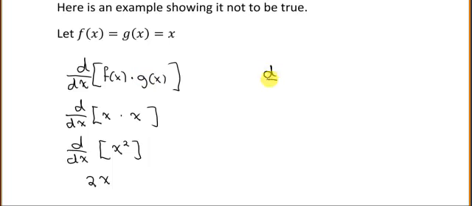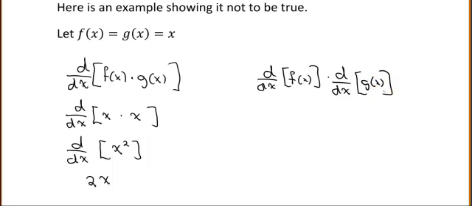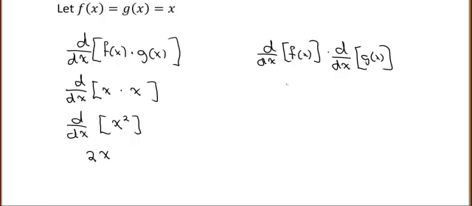All right, let's check the other side. The derivative with respect to x of f of x times the derivative with respect to x of g of x. We're looking at, does the derivative of a product equal the product of derivatives, like limits do? Well, let's check. Using these same functions, the derivative of f of x, which would be the derivative of x, times the derivative of g of x, would also be the derivative of x.